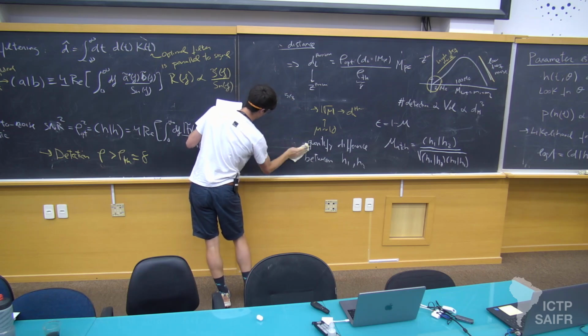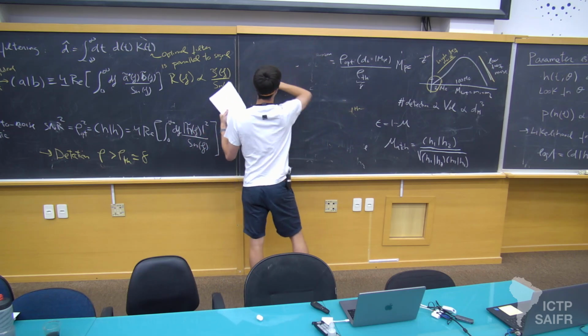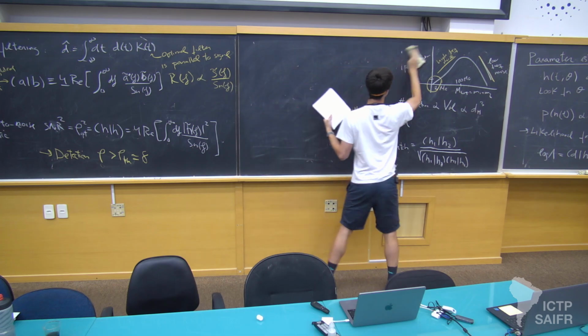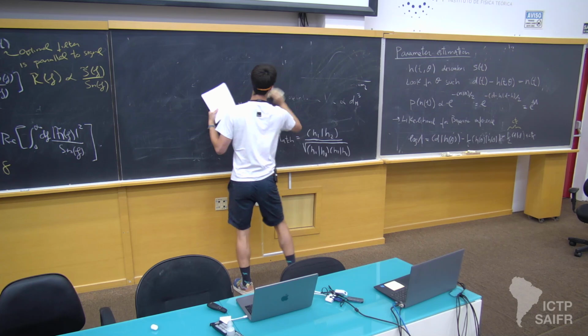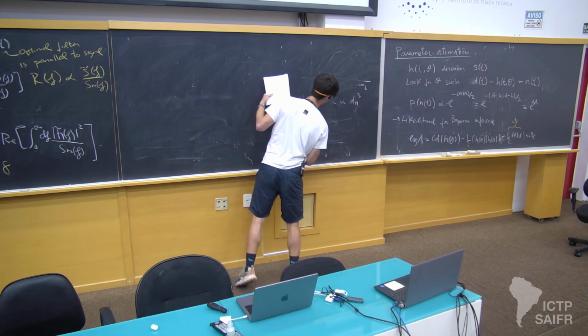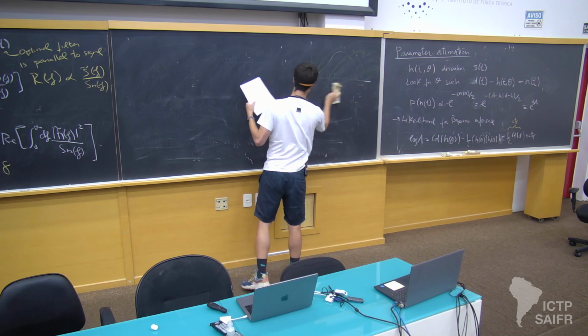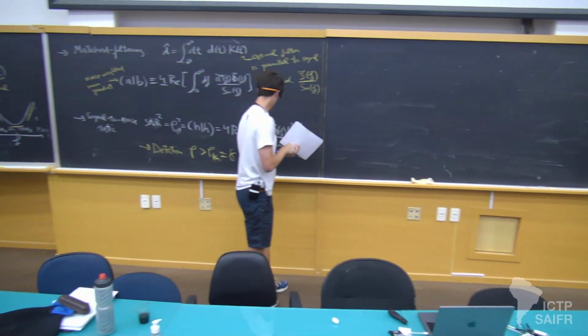And then if you use Bayes' theorem, what you can construct is the posterior distribution of the parameters given the likelihood that you observe some data with your model.